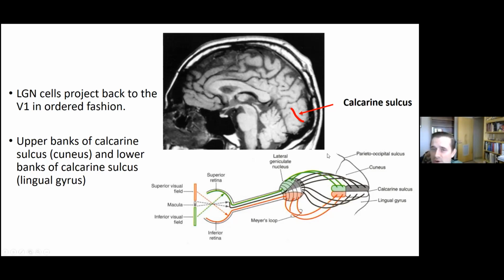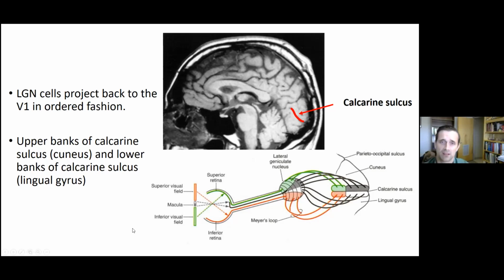And so what I want to draw your attention to is the calcarine sulcus, which is this groove that separates the 2 portions of our primary visual cortex. Those are the cuneus. Cuneus comes from the word that means wedge, because it looks like a wedge. So that would be the upper or more superior portion of our primary visual cortex, so above the calcarine sulcus.